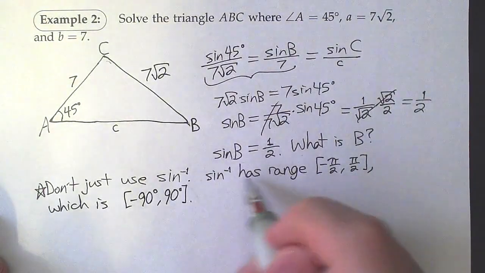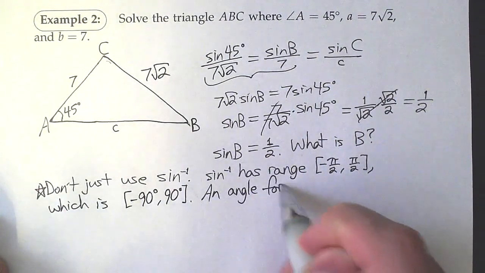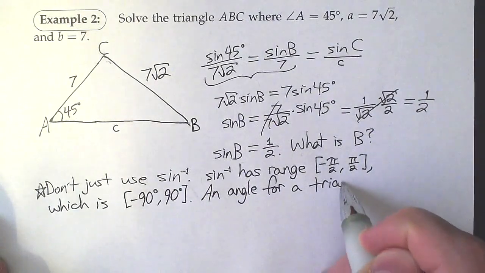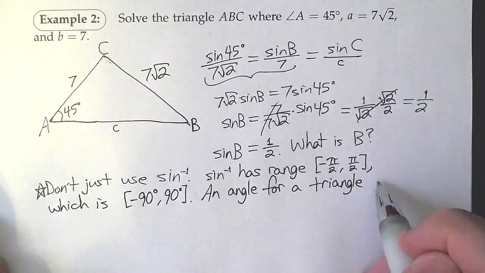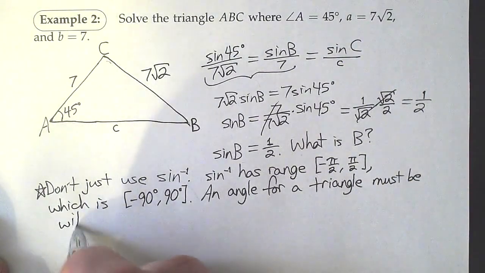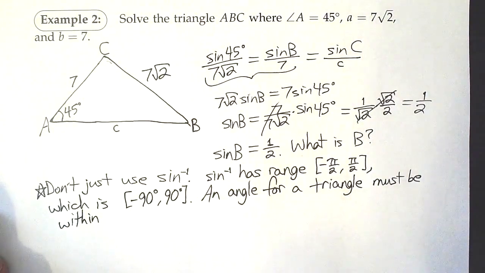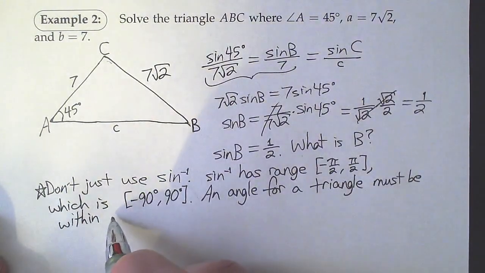Now, an angle for a triangle must be within, what do you think? I mean, think about what's the smallest that an angle could be, or what's the largest that an angle could be in a triangle.